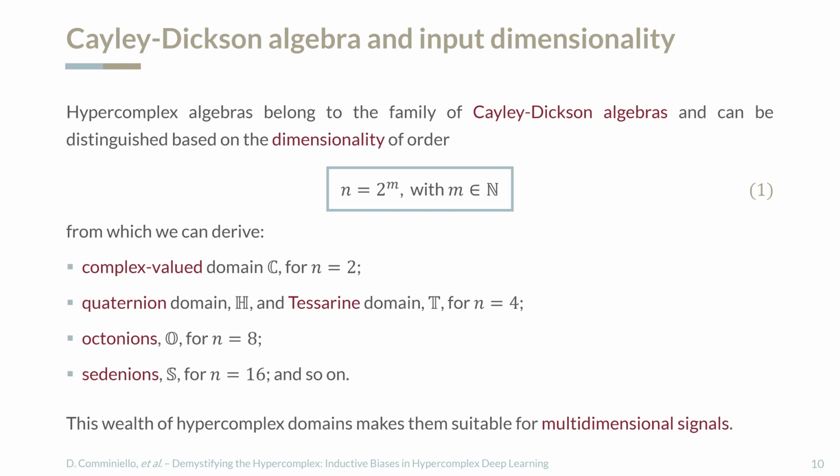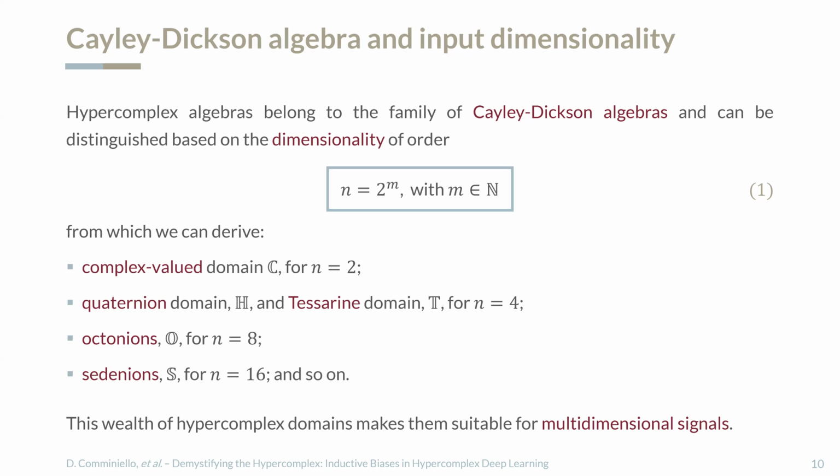So moving the order of m, moving from 1, 2, 3, 4, we can derive the dimensionality of the hypercomplex algebra. If we use m equal to 1, we can of course derive the complex valued domain that we all know very well.